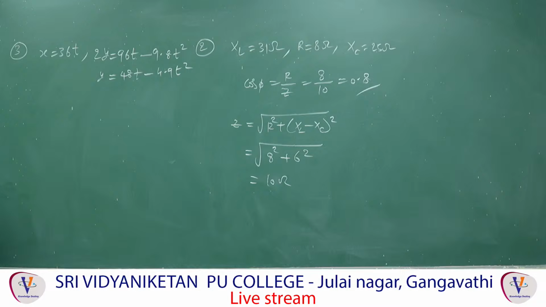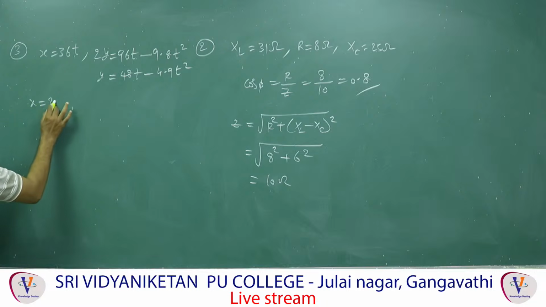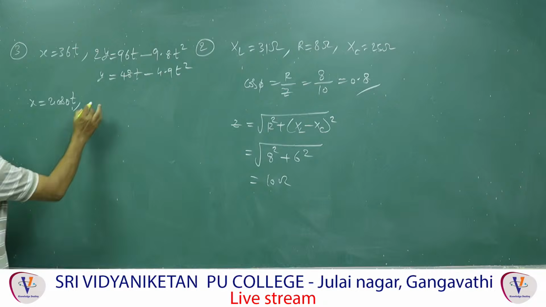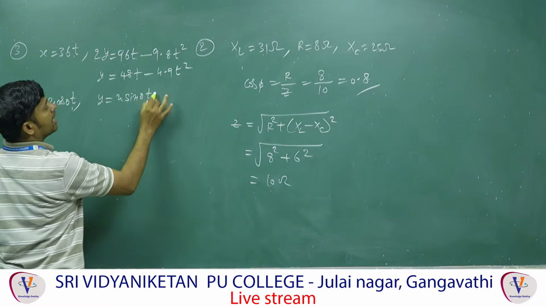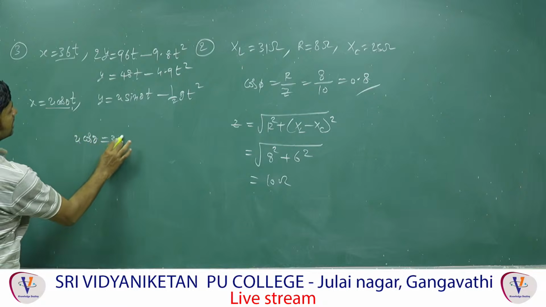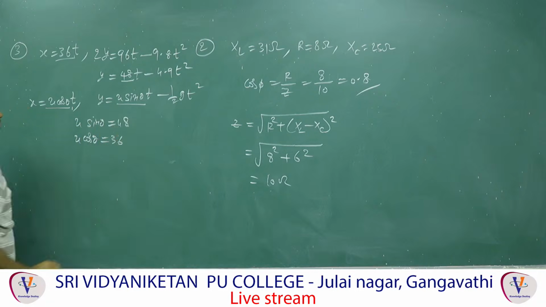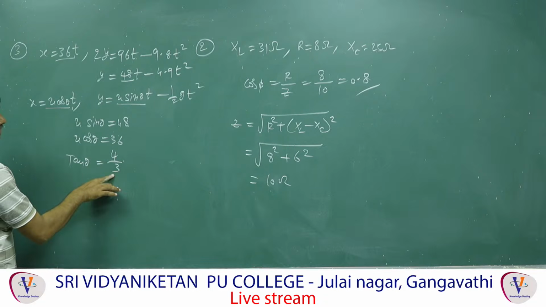Already we know that when a body is projected, the x value can be written as u cos theta into t, and the y value can be written as u sin theta into t minus half gt square. So comparing, u cos theta is 36 and u sin theta is 48. Now dividing both, tan theta is 48 by 36, which is 4 by 3.